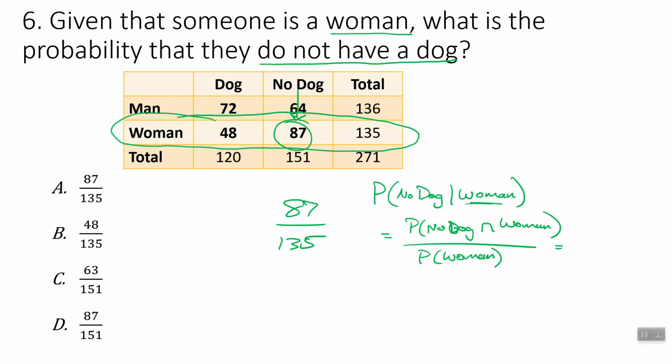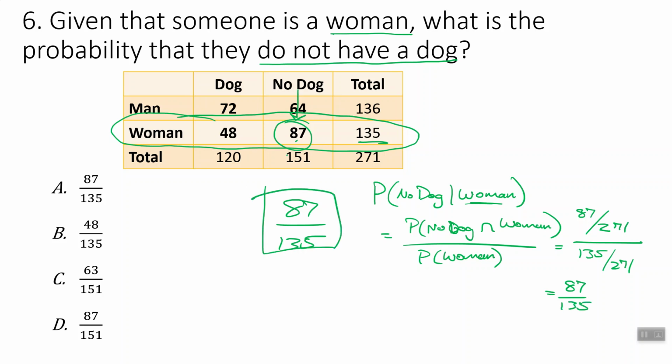No dog and woman would be 87 out of 271. Probability woman would be 135 out of 271. The 271s are going to cancel, and we do in fact get the same 87 out of 135, but I feel like my way was much faster. Just look at the women. There's our total, and say how many do not have a dog. There's 87, so it's 87 out of the total.